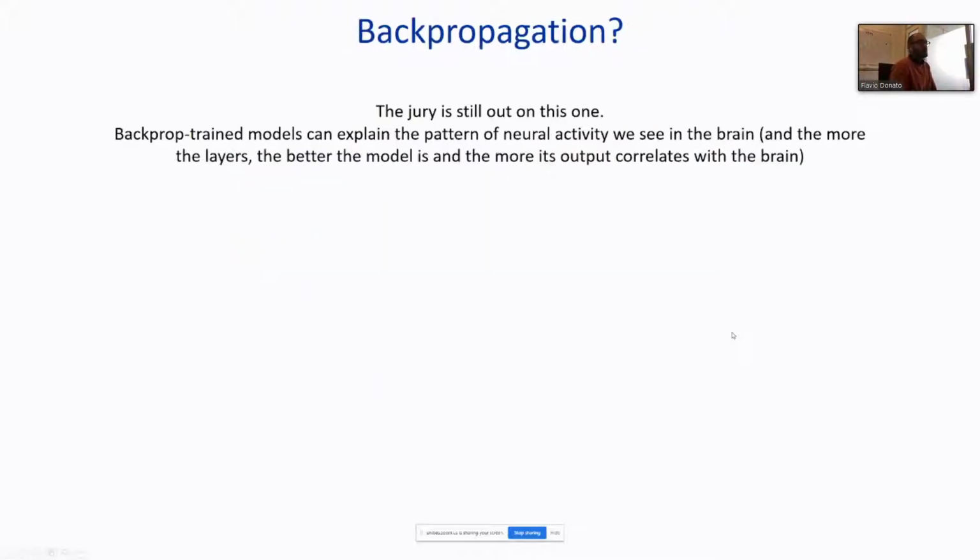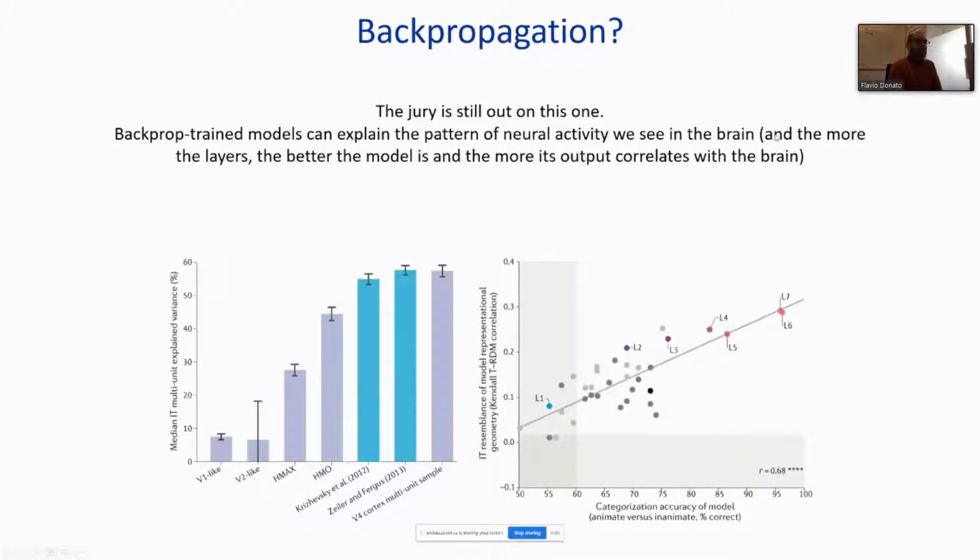But the big question is: does backpropagation, the ability to calculate the error and to go back through the synapses and update the weights based on the total measure of the error, happen in the brain? And this is where the field is sort of stuck, because the jury is still out on this one. Backpropagation-trained models can explain the pattern of neural activity that we see in the brain.